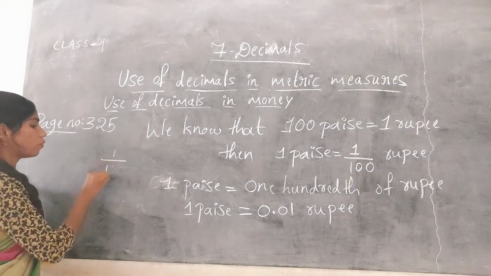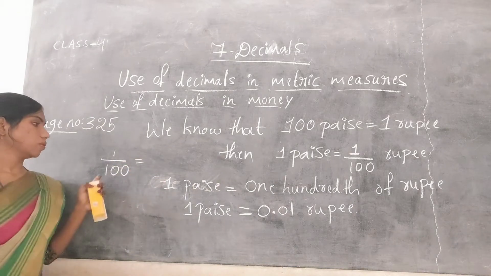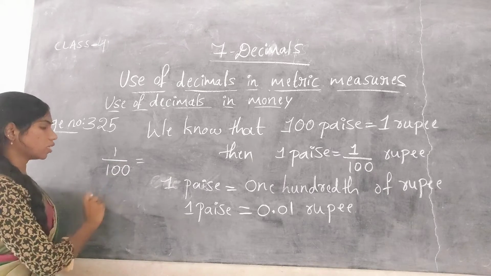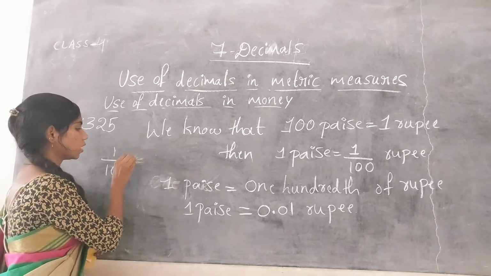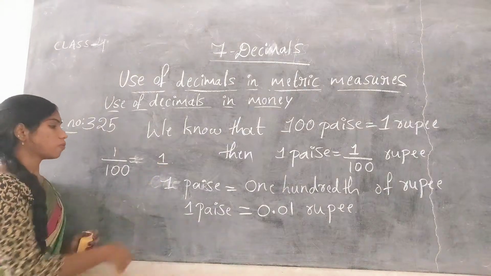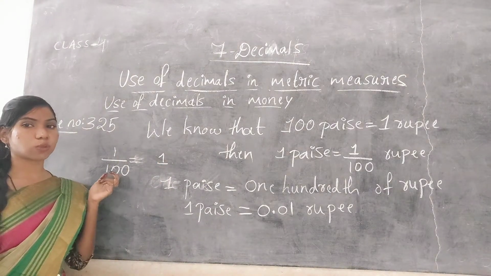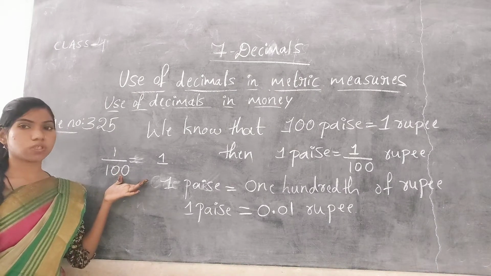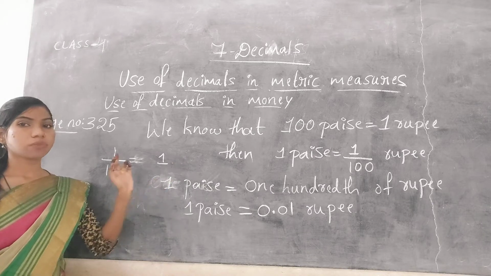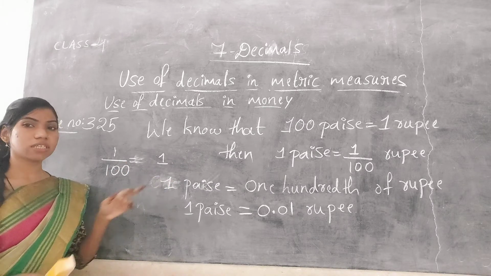See here, 1/100th. First we have to write the numerator. It is a numerator, it is a denominator. The numerator number is 1, and in the denominator, this 100 has 2 zeros. So in the numerator we have to put the decimal point after the second digit from the right side.